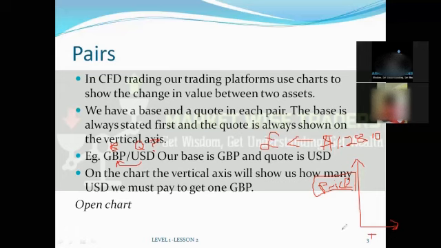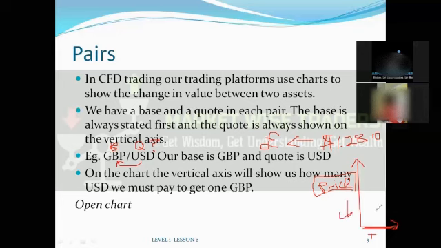Because it's the base. Just remember, base is always the first one quoted, and then the quote is the second one. The quote is the one which does the moving up and down.